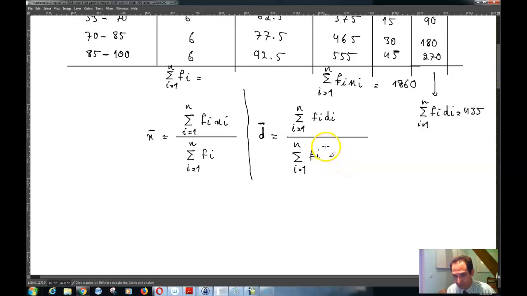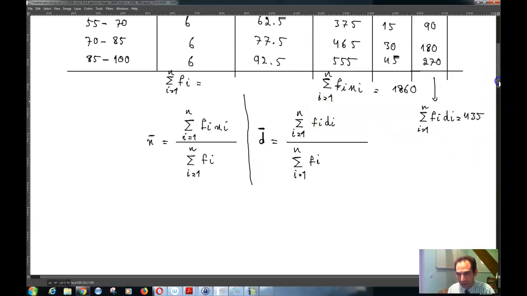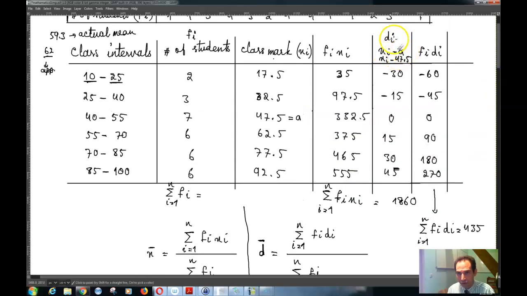So the mean of deviation, we called it d bar, and that's equal to sigma f of i times d of i, as i goes from, for example, 1 to n, and I'm not going to write these anymore. You know that i equal to 1 to n is basically implied whenever I write sigma f of i d of i or sigma f of i. When we were calculating d of i, we defined it as x of i minus a.